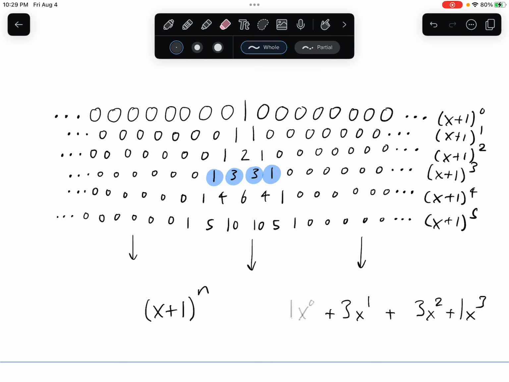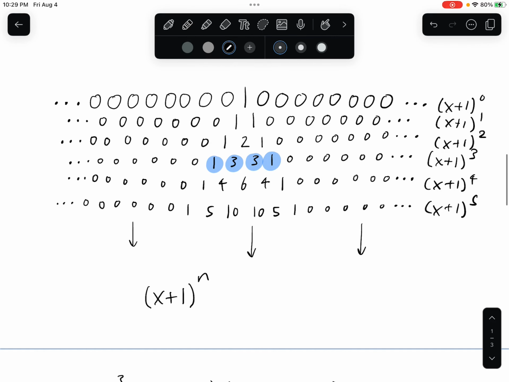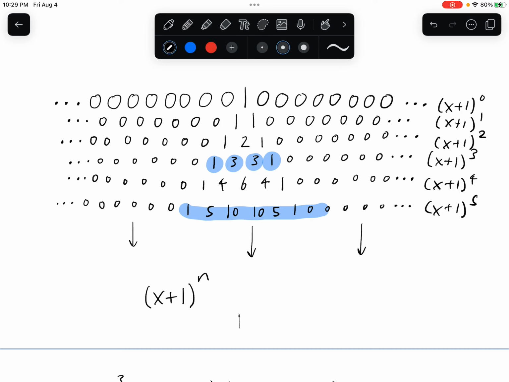And so just to do an example, to see how we save time, well, x plus 1 to the fifth would be really hard to expand as we did down here. So what we can do is do it the easy way. To expand x plus 1 to the fifth, let's just write out all the numbers that are here. We can write 1, 5, 10, 10, 5, and 1.